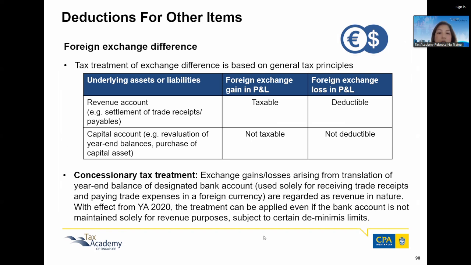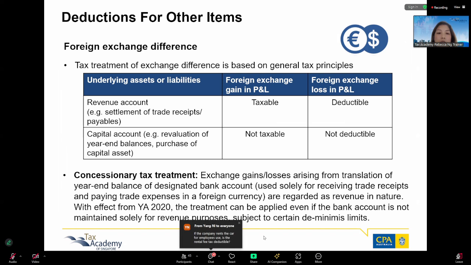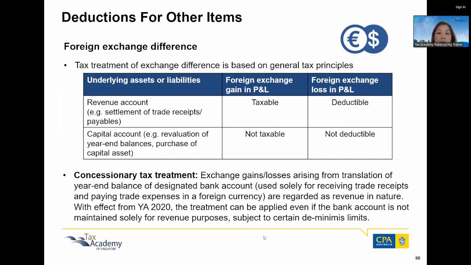If it is a loss, it will be deductible. With effect from YA 2020, with this tax treatment, I can still have the gains and losses arising from the bank account be taxable and deductible, even if the bank account is not solely maintained for revenue purpose. That means if the bank account is not a designated bank account, I still allow for deduction.